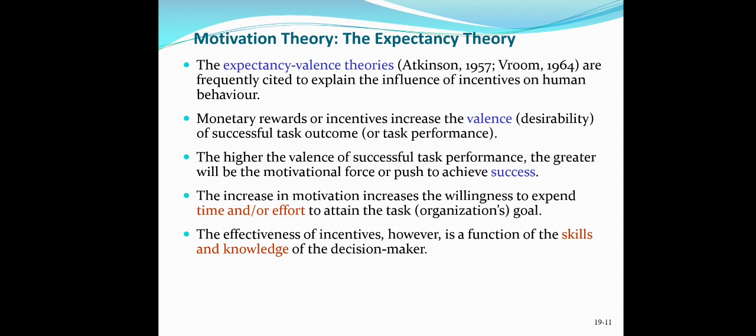So that is the basic idea. The effectiveness of incentive, however, is a function of the skill and knowledge of the decision maker. So this theory basically explains that if a person or a principal wants another person or an agent to do things his way, he has to use monetary rewards.